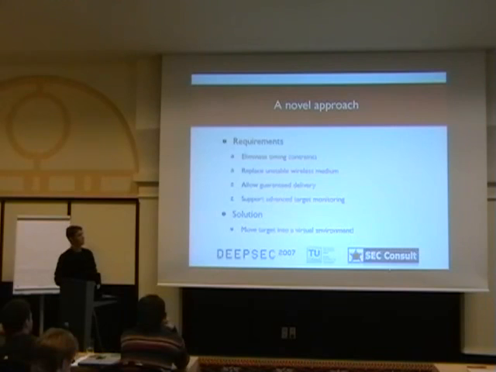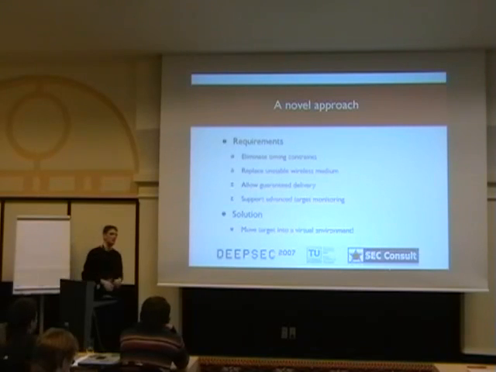The second one is this unstable wireless medium. We don't want to send out packets and have them altered while they're sent. There might be a microwave standing right next to it and it will just be total crap, whatever the hardware is receiving. So we don't want that. The third thing, a very big point for us, is we need guaranteed delivery.